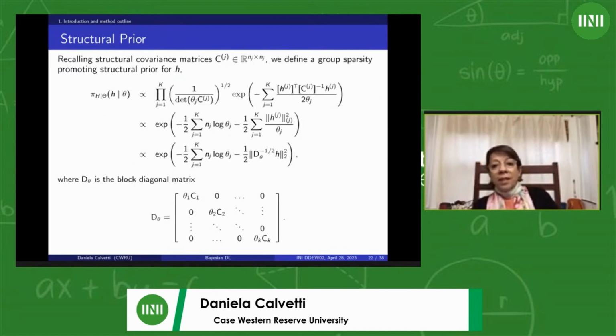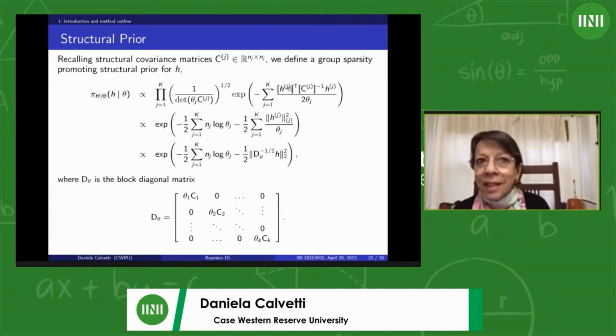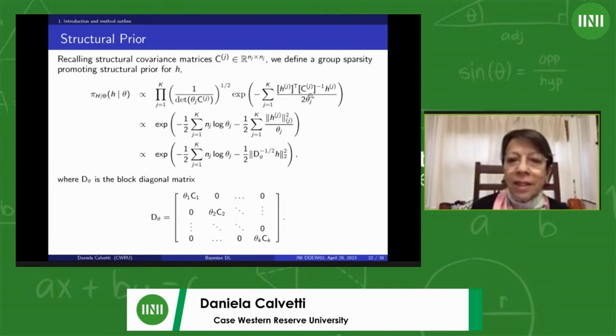We do this by introducing a prior, which is a mix of the structural prior that I was describing before. So this is how we are measuring the adherence to the direction of the matrix H for the block Hj, and then we have the scaling coefficient at the denominator here, which is a variance for the block.